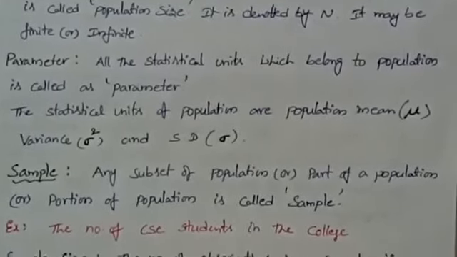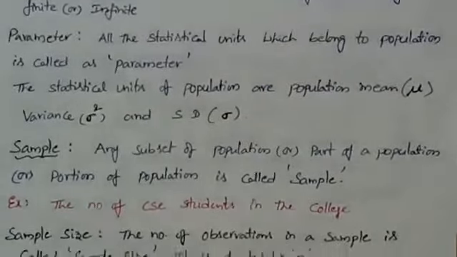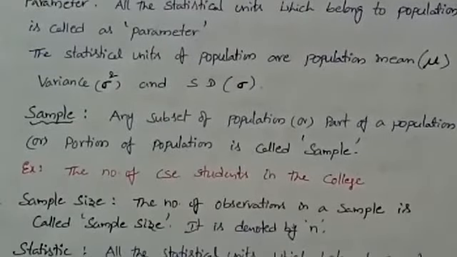Next, sample size: the number of observations in a sample. Size is always the number of observations. Regarding the population, that is population size. Regarding the sample, that is sample size, denoted by small n.